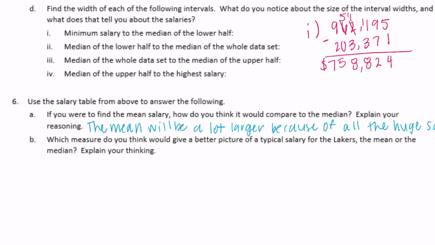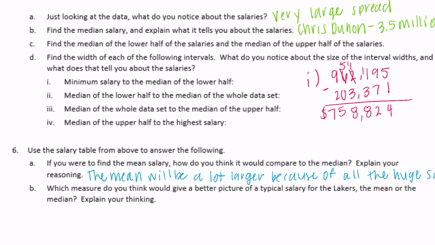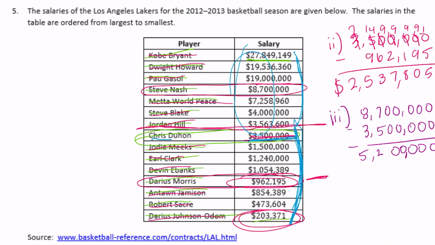B, which measure do you think would give a better picture of a typical salary for the Lakers, the mean or the median? Explain your thinking. So I think that the median gives a better look, 3.5 million, because you've got all of these people down here. Someone's only making 203,000 and someone up here is making 27 million. So I think 3.5 million is a better picture, the median, than the mean.